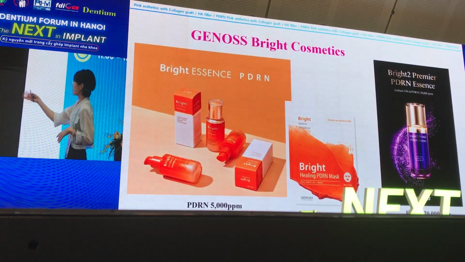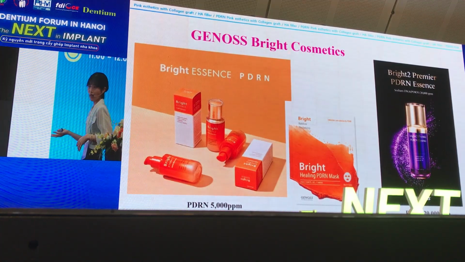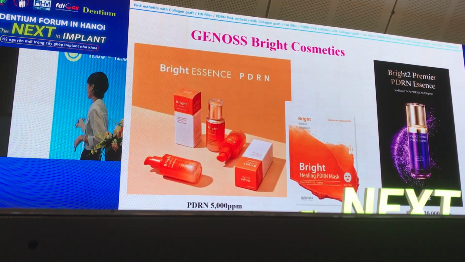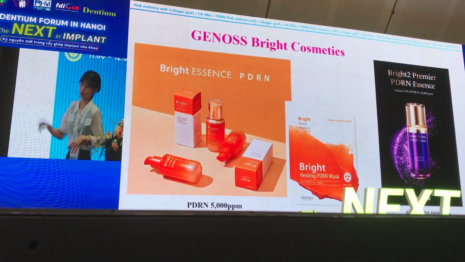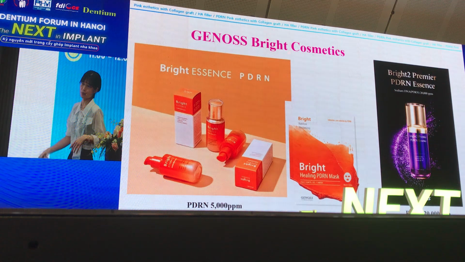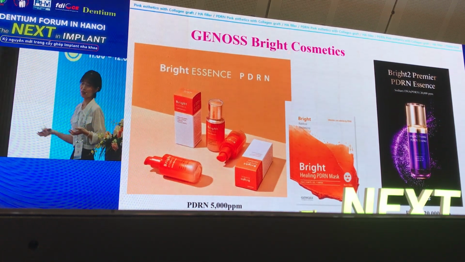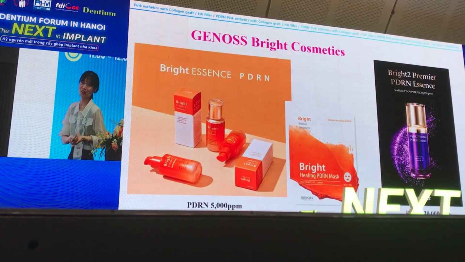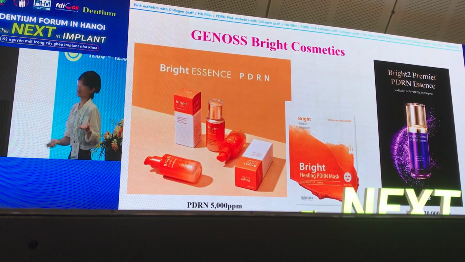In the past, the first version of PDRN was 5,000 yen, but in the second one the concentration was increased, to 20,000 yen. I also use this essence and the face mask, and it works well, so it can make us look very beautiful.